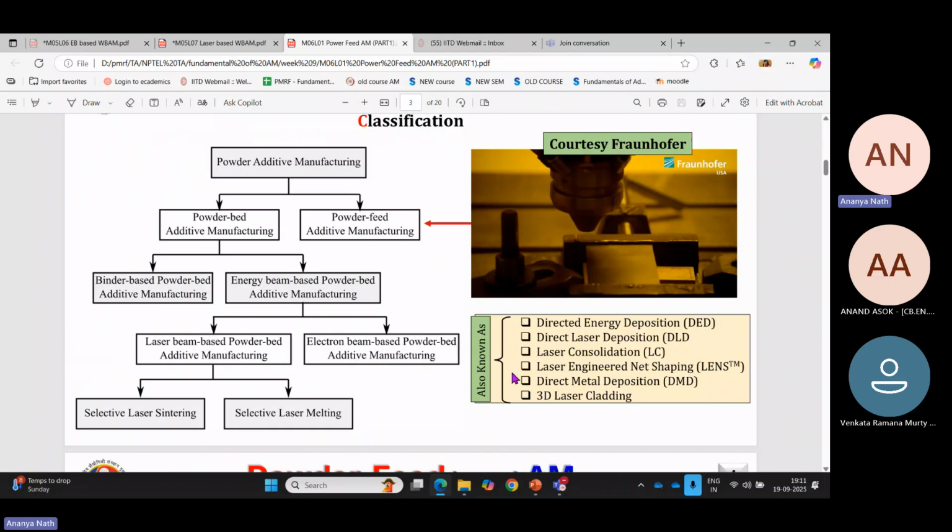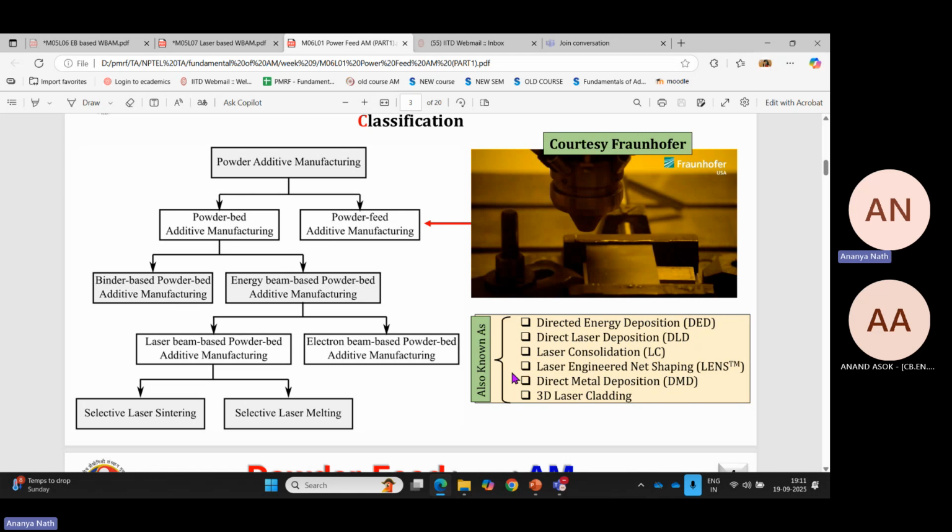Now going through the process. In powder based AM you can have laser based powder DED, or electron beam or plasma based processes. But electron beam based DED of powder is not possible because you are printing in vacuum, and in vacuum you cannot do powder feeding because powders are loose particles.